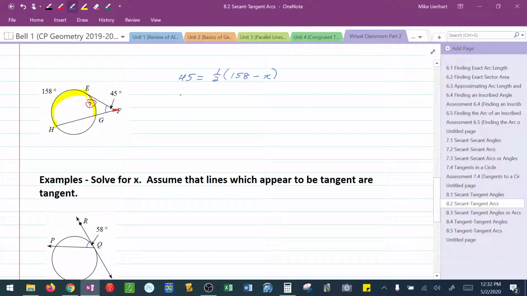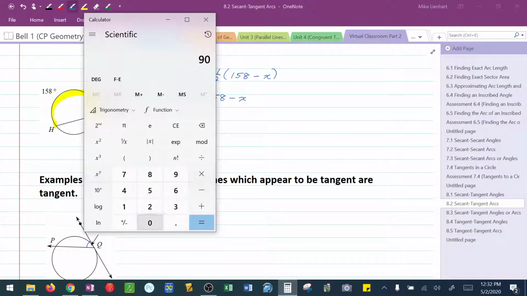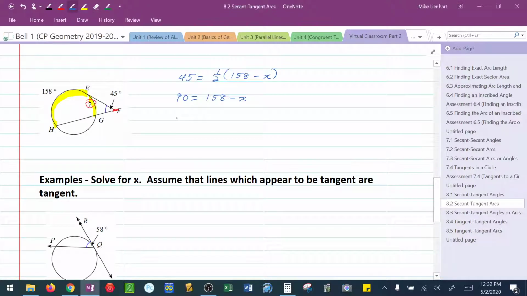I double the other side. So 90 is equal to 158 minus X. Be careful of your signs here. If I take 90 minus 158, I get negative 68 is equal to negative X, which means that X would be equal to positive 68 degrees.